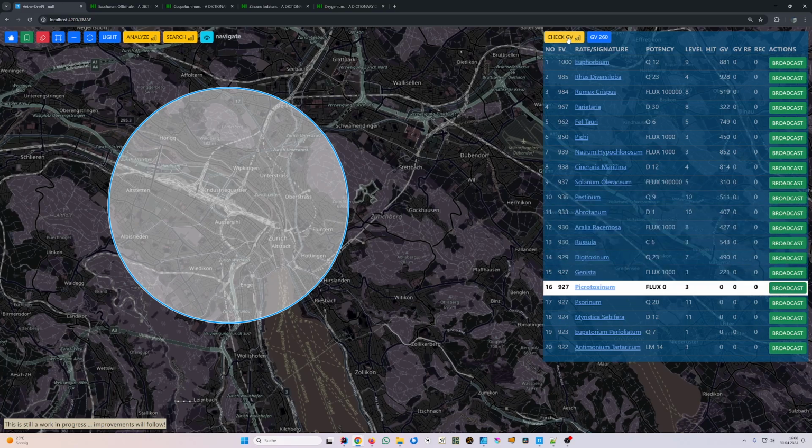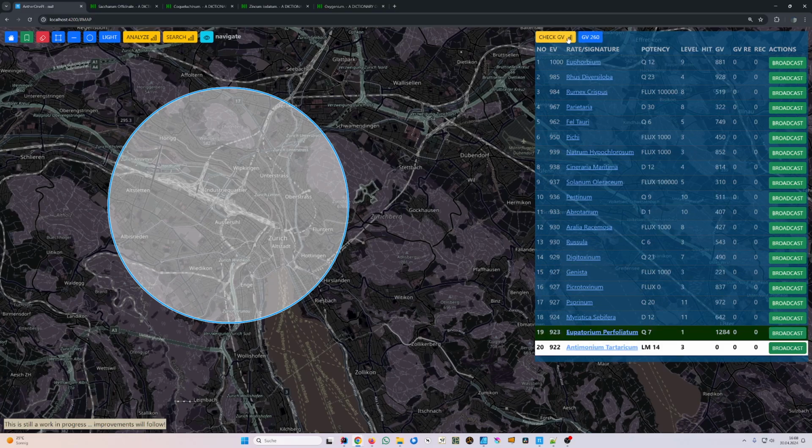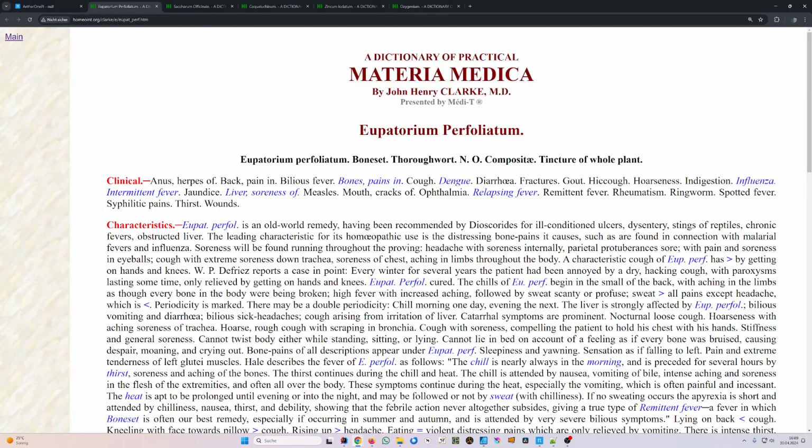So if I continue to check each rate, okay, we have one hit, Eupatorium perfoliatum, and let's take a look here. Well, back pain, pain in the bones. Eupatorium is typical for influenza. Yeah, it's also written here, influenza.